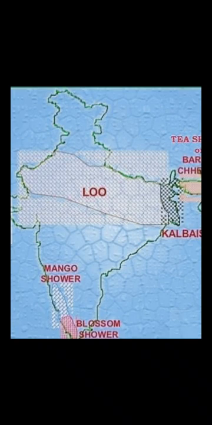Now next, apart from this Lu, there are other local winds also which are prevalent in India. Now in the northeastern part of India, there is this wind which is called Kal Baisakhi. This is also a thunderstorm, a pre-monsoon wind, a thunderstorm which brings respite from the scorching heat of the sun and also brings rainfall.